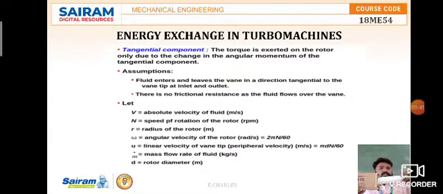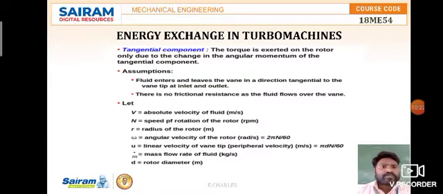So we have seen three different components: the axial component, the radial component, and the tangential component. Because of the change in the angular momentum, this torque is exerted, and that is nothing but the tangential component.